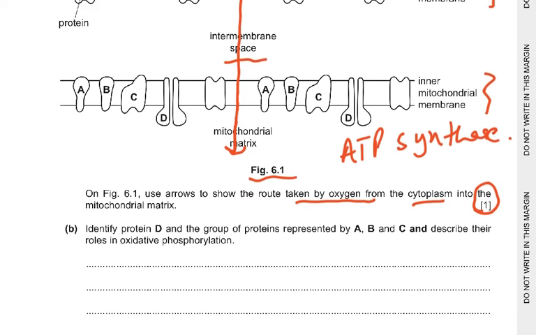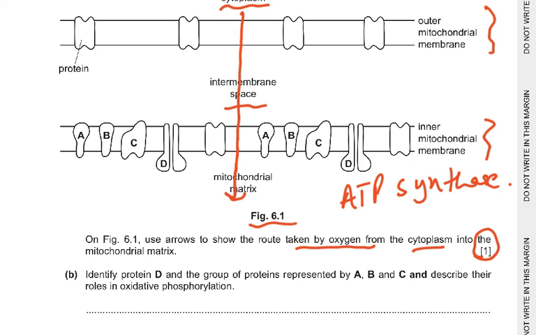So then we're going to have the hydrogen ions pumped into the intermembrane space here. And so electrons are going to move along the ETC. These are the electron carriers, not the whole of it.